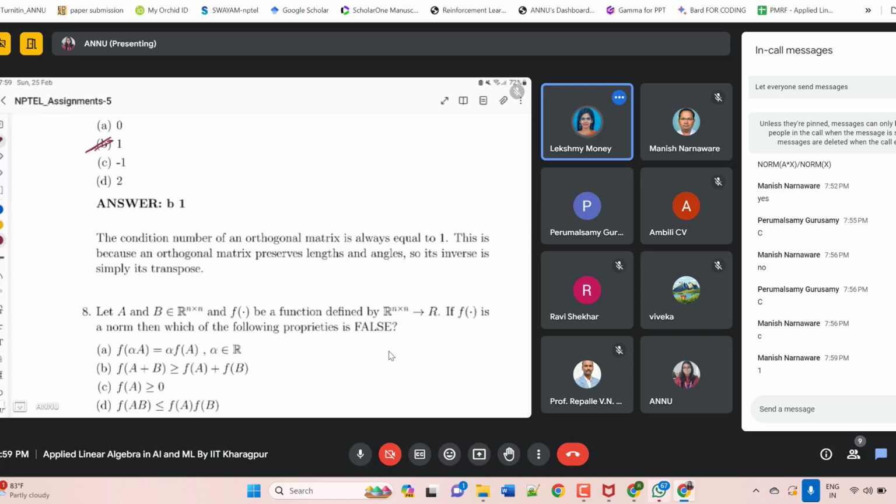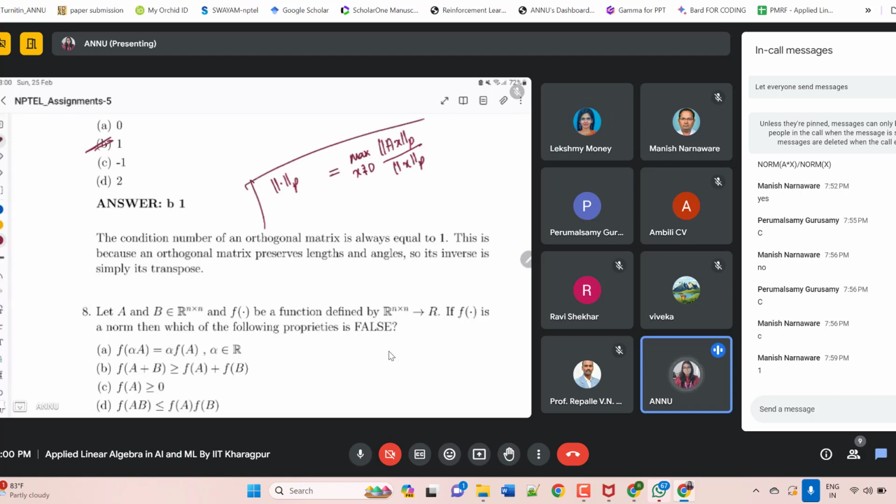What is the definition of induced norm? We saw max over x not equal to 0 of the p-norm of Ax divided by the p-norm of x. This is the general formula. You can calculate using this.